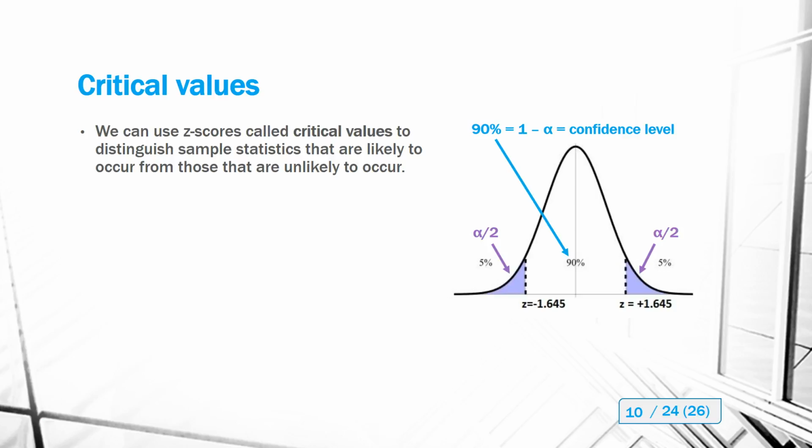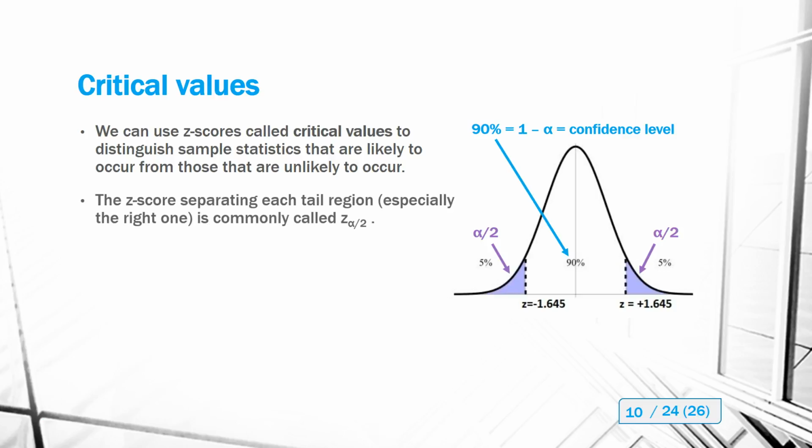So 5% on one side, 5% on the other. The z-scores that correspond with those boundaries, you see there, negative 1.645 and positive 1.645. These z-scores separating these tail regions, especially the right one, is what we call z sub alpha over 2, because it's a z-score, and the alpha over 2 represents the area underneath the curve that's being bounded out by that z-score.